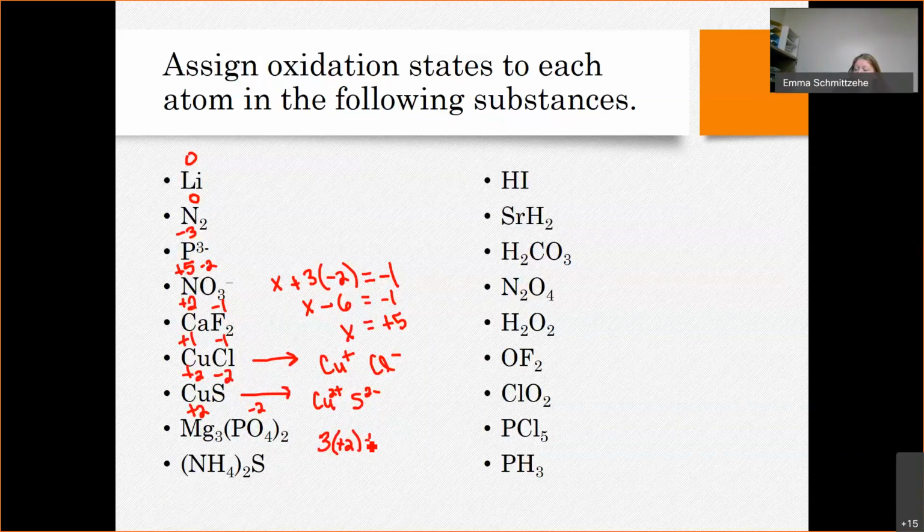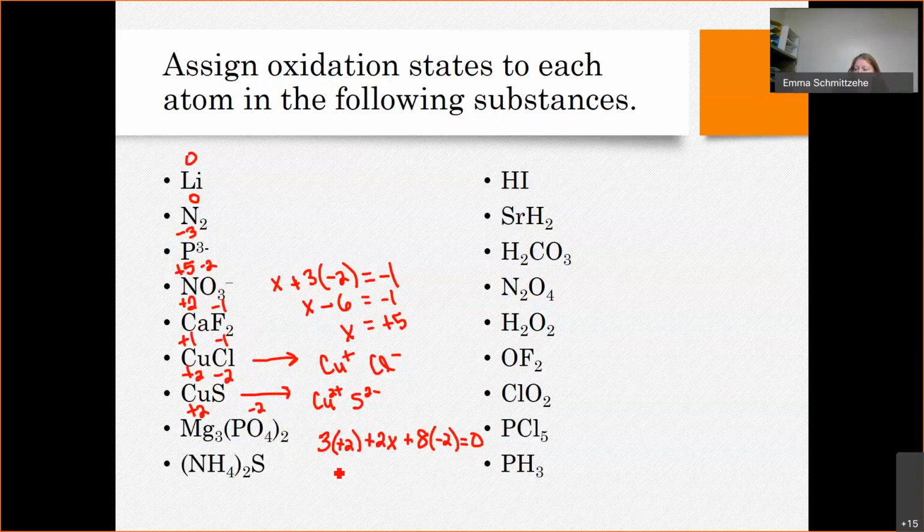And that added to, well, you have 2 phosphorus because there's 2 phosphates. So 2 times some unknown value plus you have actually 8 total oxygens because there are 2 phosphates, 2 PO4s. So there's 8 of those oxygens, and each of those is a -2. And that all needs to sum to 0 because that's a neutral compound.